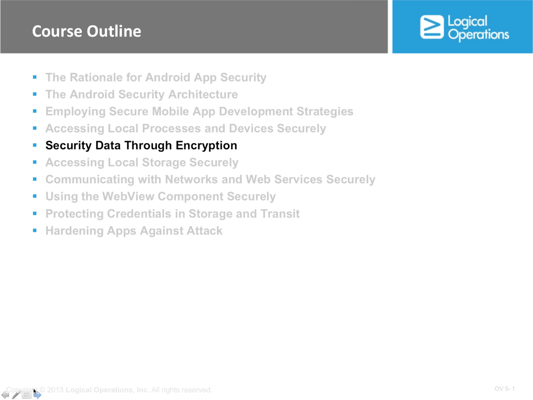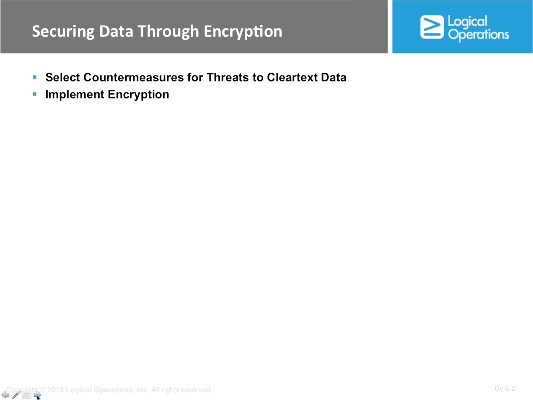Okay, so when dealing specifically with security through encryption, there are just a few things to make sure that we take into account. Now that we've understood the various threats and the threat vectors that attack our apps and the devices themselves, understand that you have to keep the transmission mode in the forefront of your mind.